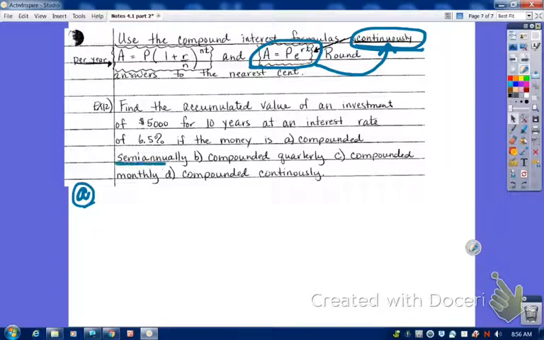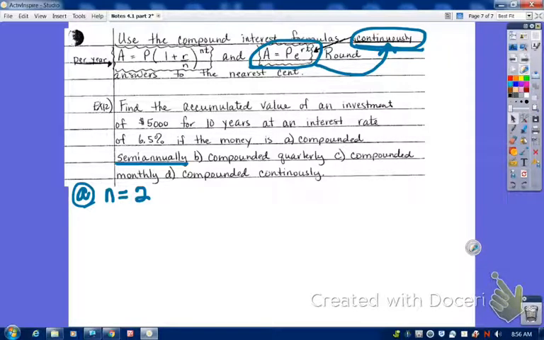So when we do the A part, because they say semi-annually, that means that your N value is 2. Why would N be 2 if it was semi-annually? Twice a year. So they're going to collect interest twice a year. So that's what your N value stands for. I think most of you are going to know R stands for what? Rate.